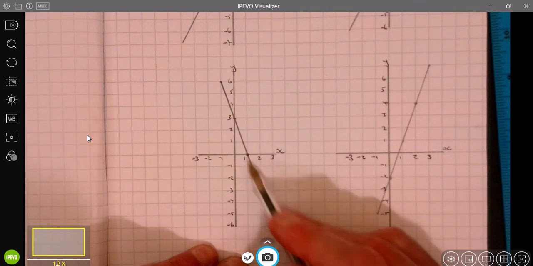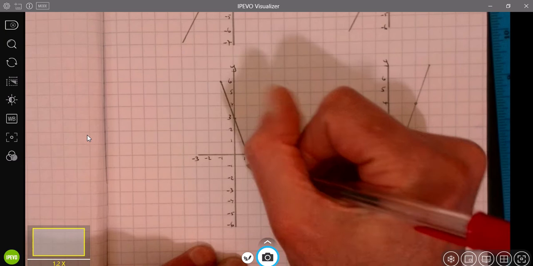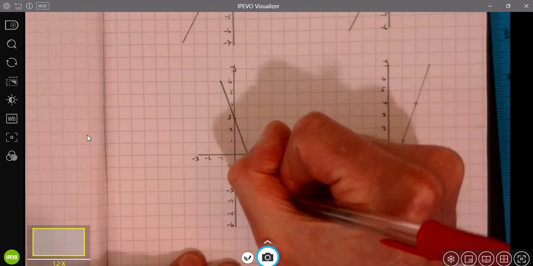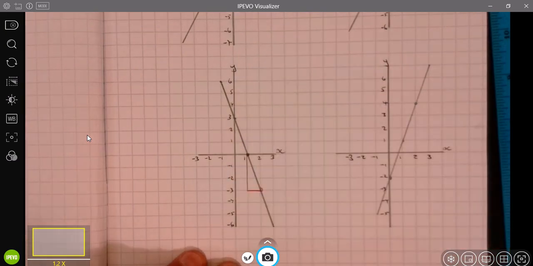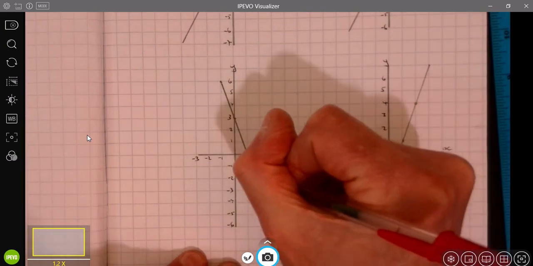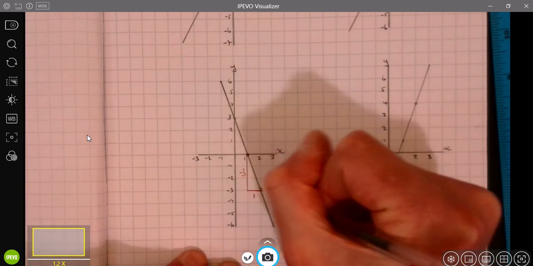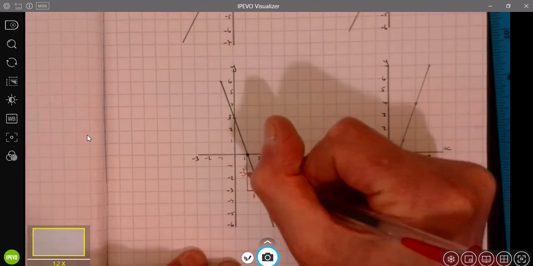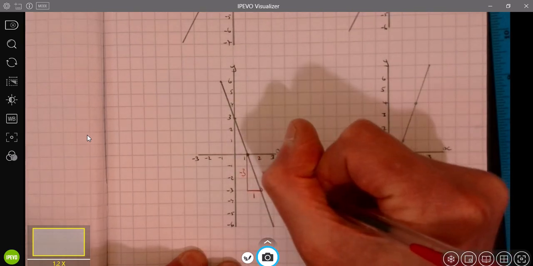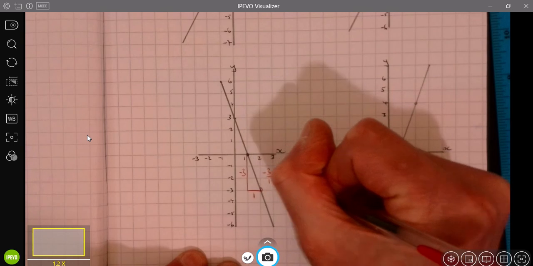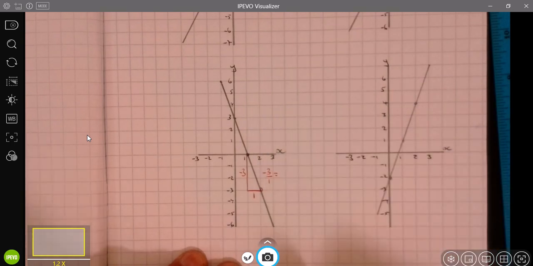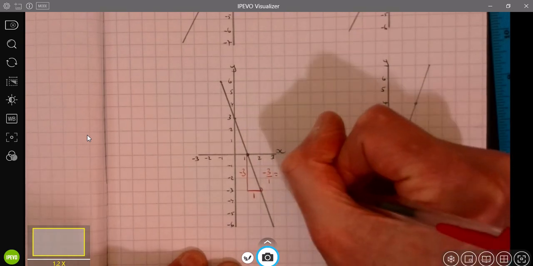It's going to make my life much easier. So just draw yourself a little triangle. It's going down, so it's minus 3, goes across 1. So the gradient is minus 3 over 1, which equals minus 3.